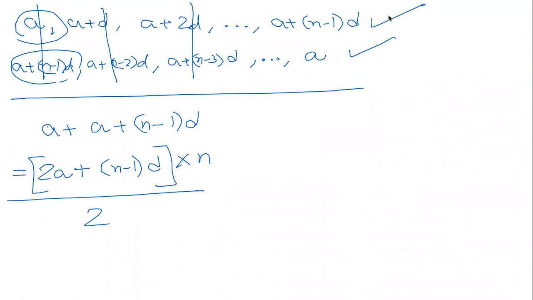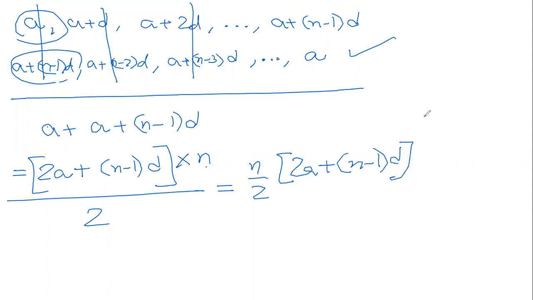Okay, thank you. Now, if this is the case, the remaining part is very easy. Remaining part is just algebra. If we simplify this, n by 2, we can write like this. Bracket is here, 2a plus n minus 1 into d.